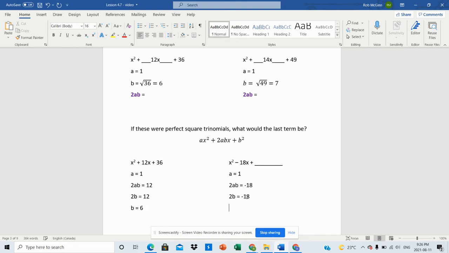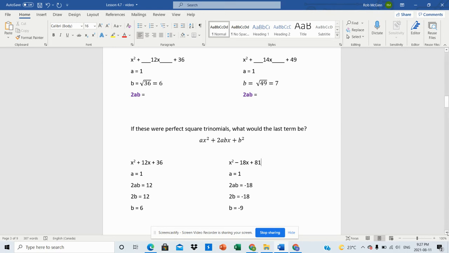Now we divide both sides by 2, and b is going to be equal to negative 9. Once again, our last term is b squared, so negative 9 squared is negative 9 times negative 9, and that's going to give us positive 81.